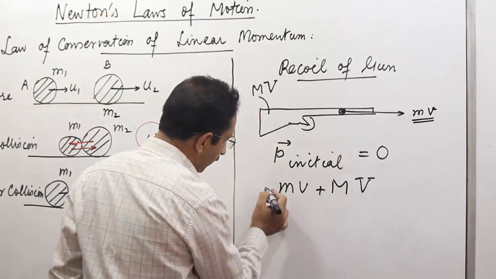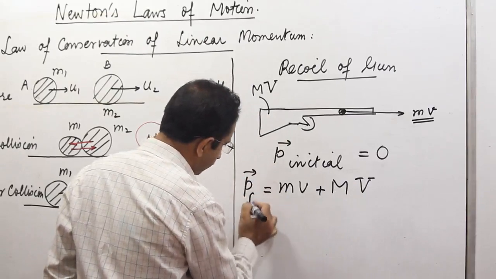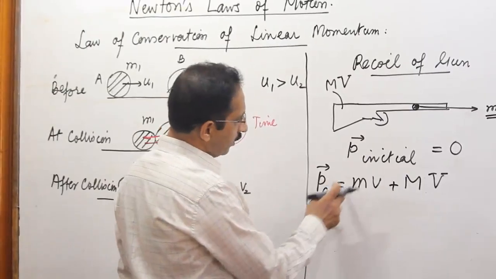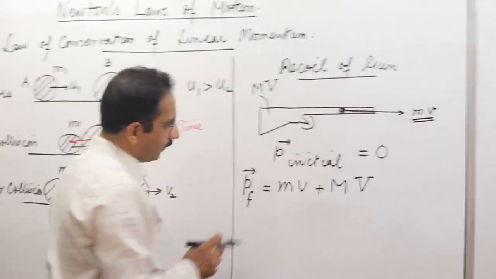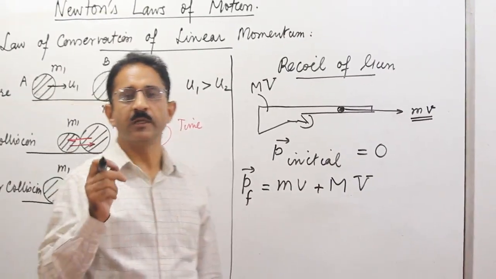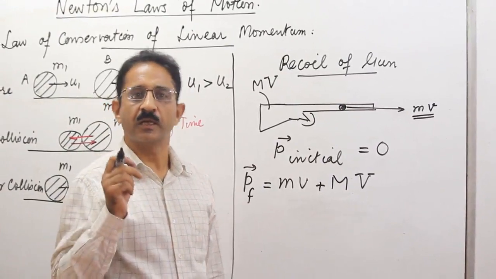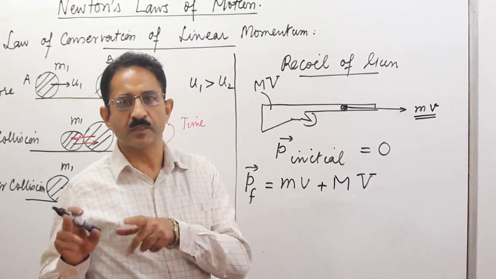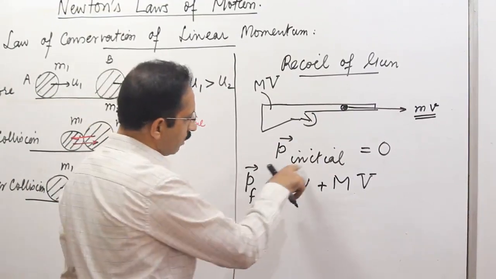Since this is the final momentum, so I call it as PF. F stands for final momentum. Or applying law of conservation of linear momentum, we find that the total linear momentum of this system must remain conserved. जिसका मतलब ये होगा जो उसका linear momentum initially था, that must be equal to the final linear momentum. So I equate these two.